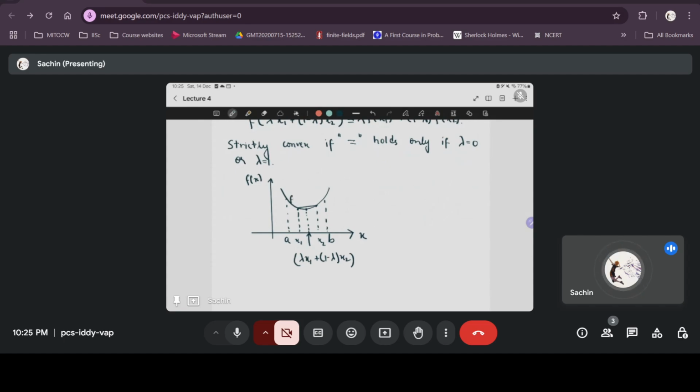So this point at x1 has value f of x1, and at x2 it has value f of x2. So this point will be lambda f of x1 plus 1 minus lambda f of x2.